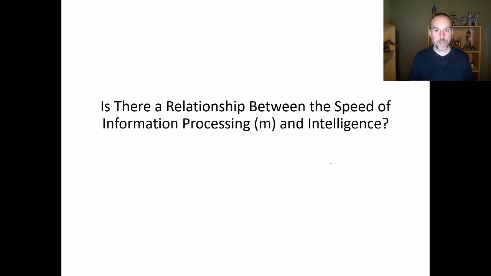They found a small relationship: the more intelligent you were, the better you were at the Hick-Hyman task, or the lower your slope, the m value. Now, this study had, I think, fewer than 10 participants, so it's hard to conclude that this is the case for everyone. But it's an early suggestion that maybe there's a relationship here.